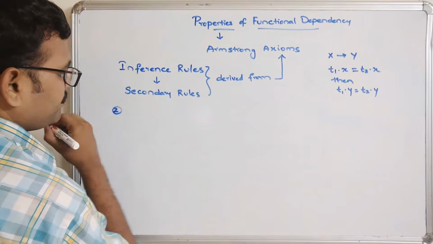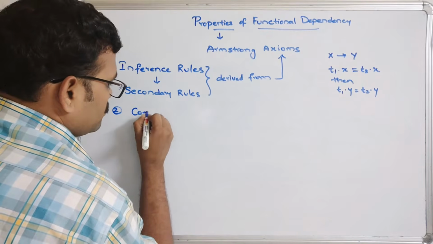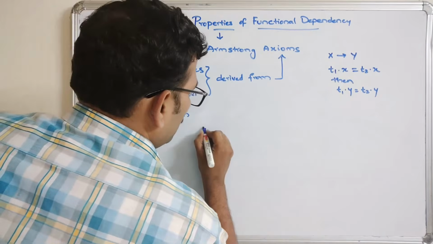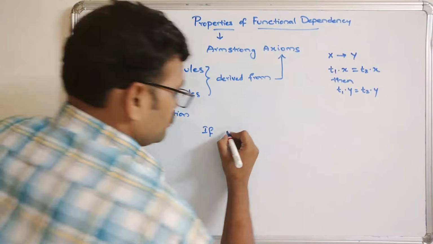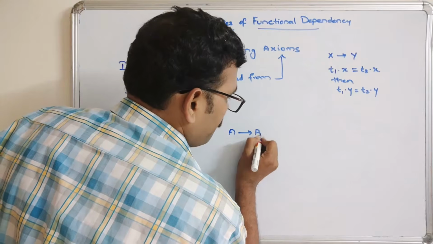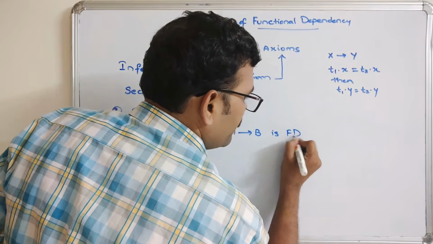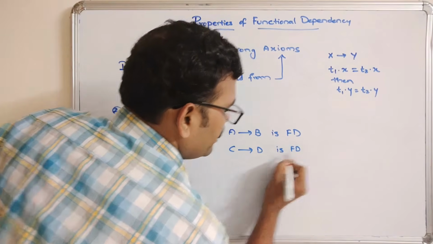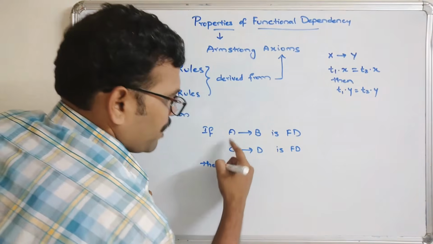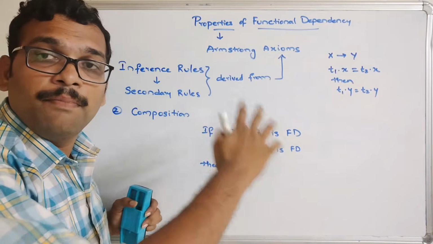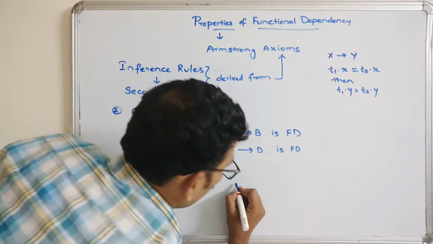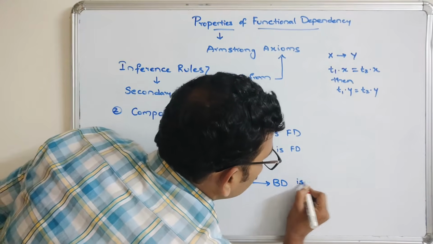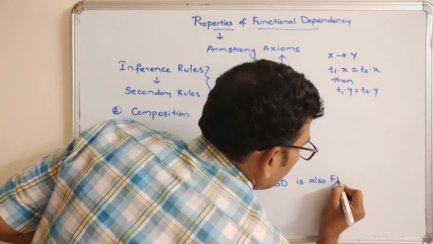The second one is composition. So what is composition? If A tends to B is a functional dependency and C tends to D is also a functional dependency, then combining both the determinants and both the dependents, AC tends to BD is also functionally dependent.